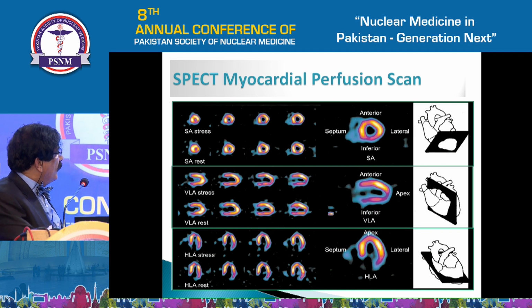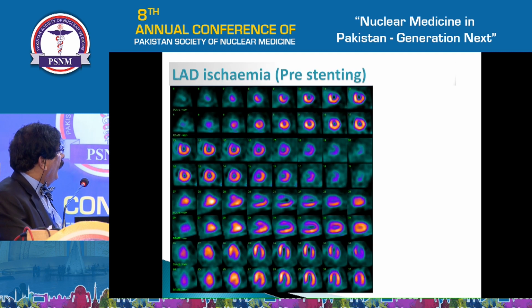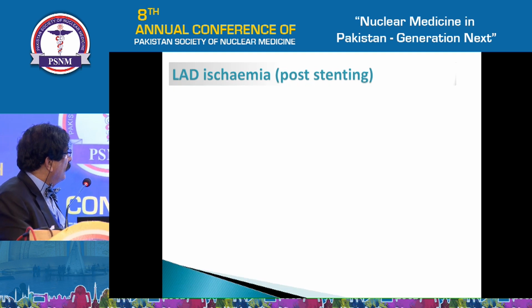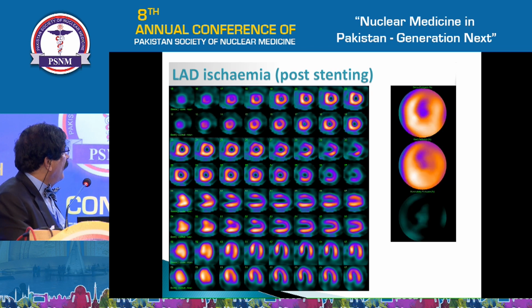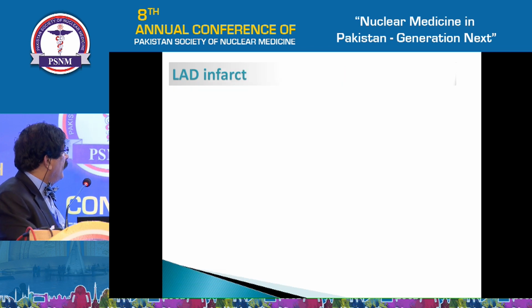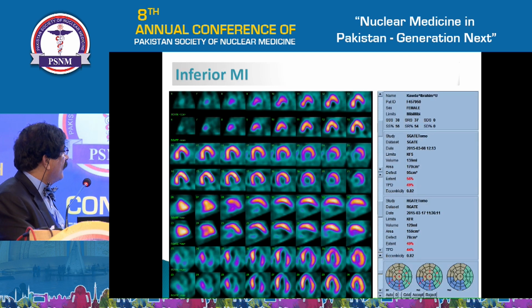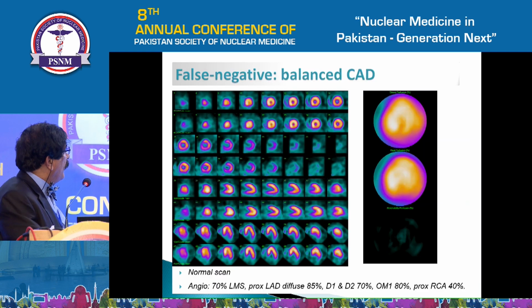So SPECT myocardial perfusion scan, as you know, HLA, short axis and VLA, and this is an example of LAD ischemia pre-stenting and then post-stenting. Just a few examples very quickly. This is a fixed perfusion defect. This is an LAD infarct. Here is a fixed perfusion defect in the inferior wall, inferior MI.